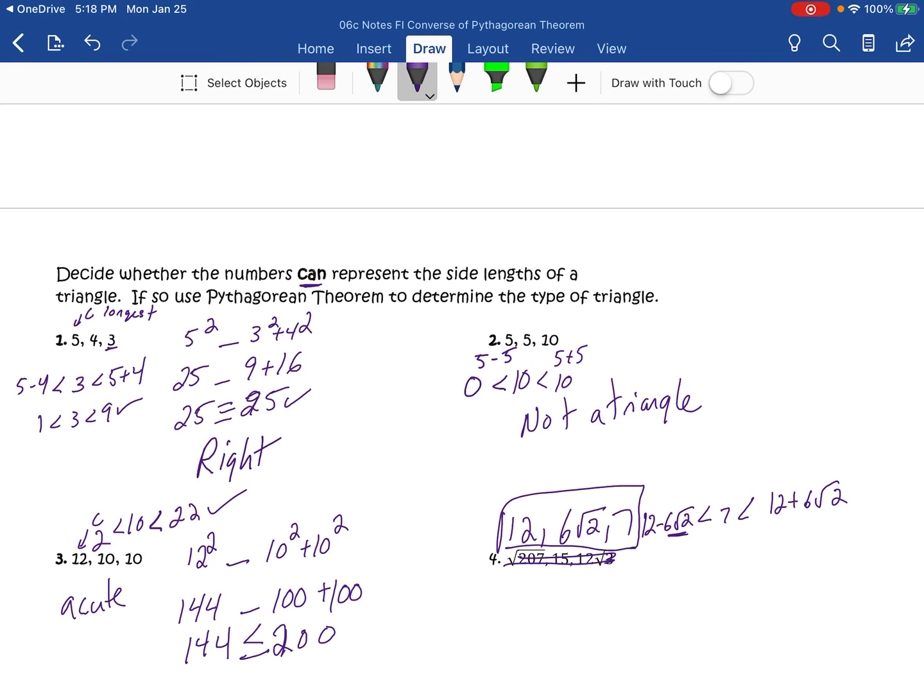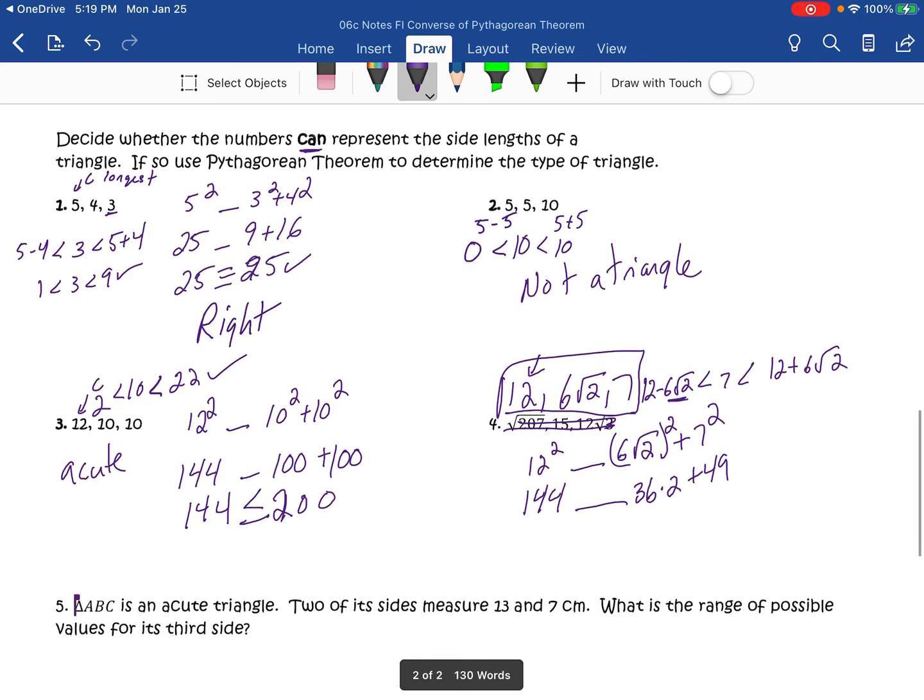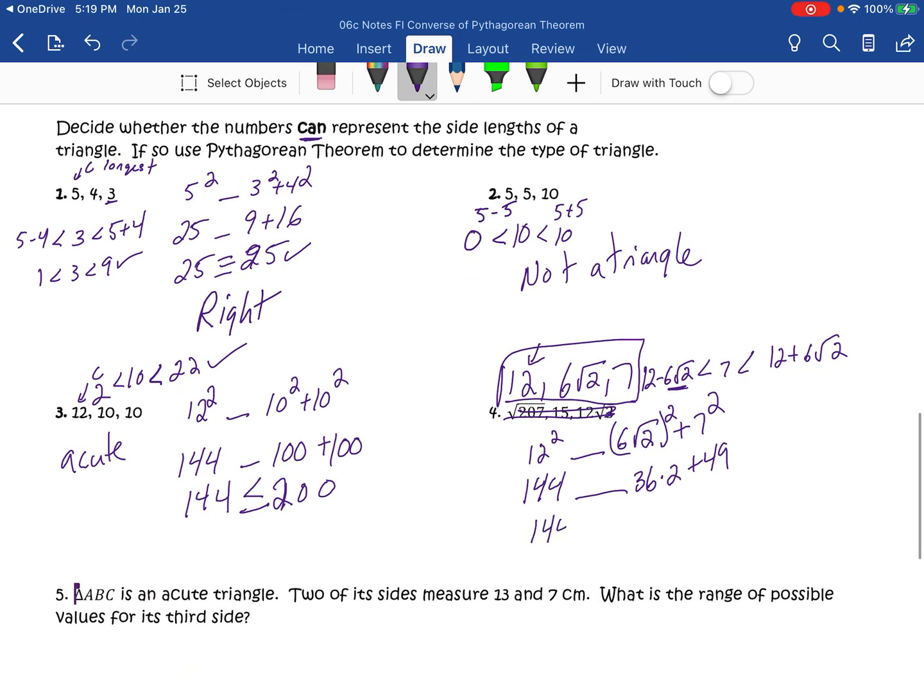So again, we have 12, 6 radical 2, and 7. My longest side is my 12. So I'm going to do 12 squared equal to 6 radical 2 squared plus 7 squared. 144, and then we have 36 times 2 plus 49.